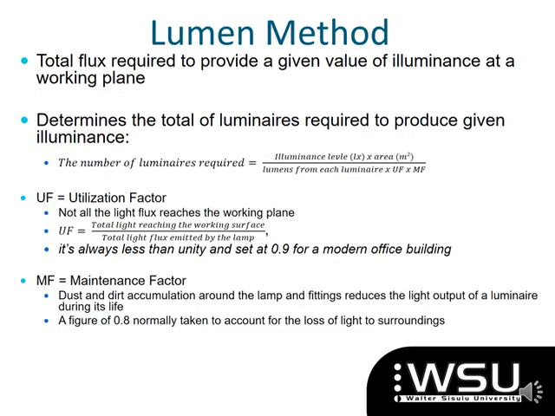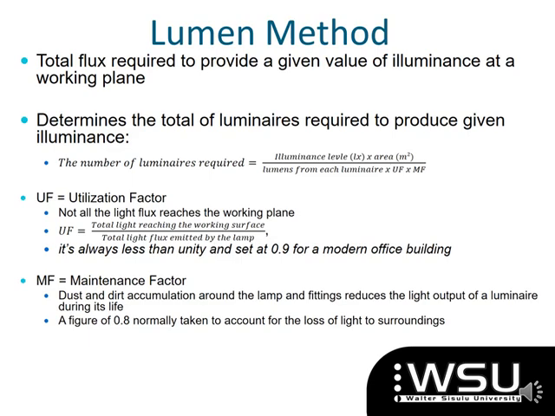So when we now talk about this illuminance and the total flux that is required at a working plane, we start looking at what we call the lumen method. This method determines the total number of luminaires or lights required to produce a certain illuminance, a certain brightness on your surface point.